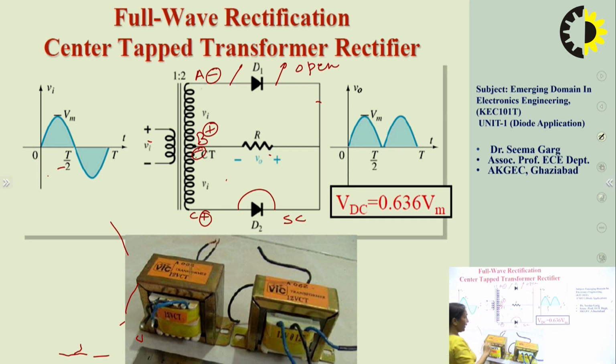So because of that, your current will be flowing in this direction, because this triangle represents the direction of the current in the circuit.